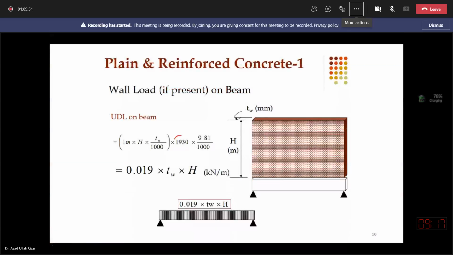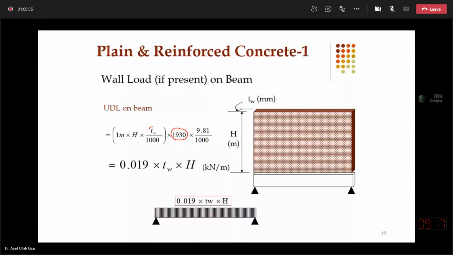You need to decide the thickness of the wall. If it is a 9-inch thick, 228 millimeter wide wall, or a 114 millimeter or 4.5-inch thick partition wall, accordingly you will decide TW. Since we are using SI units, we normally use 228 for 9-inch and 114 for 4.5-inch, one brick width.